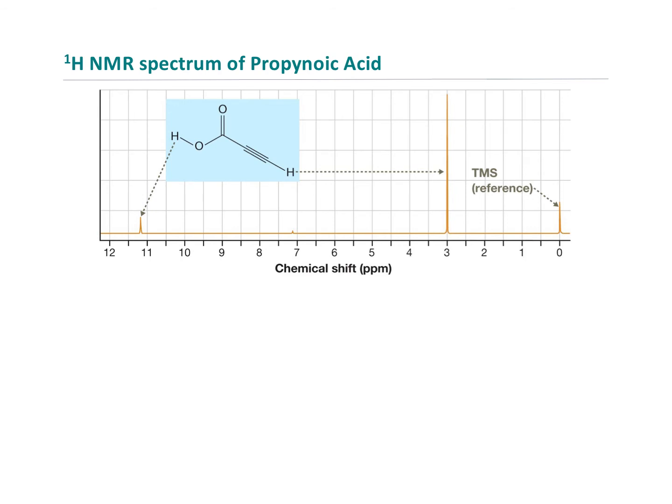So the molecule generates 2 signals in the NMR spectrum, right? We've got 1 signal here and we have 1 signal here. Again, ppm here is going to stand for parts per million.